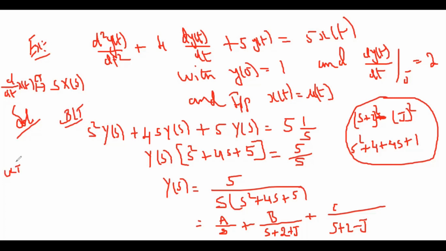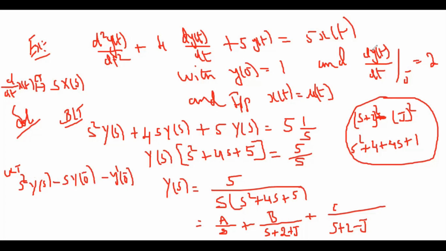see my dear students, if it is a unilateral Laplace transformation, what is d square y of t by dt square? s square y of s minus s into y of 0 minus, minus y dash of 0 minus.